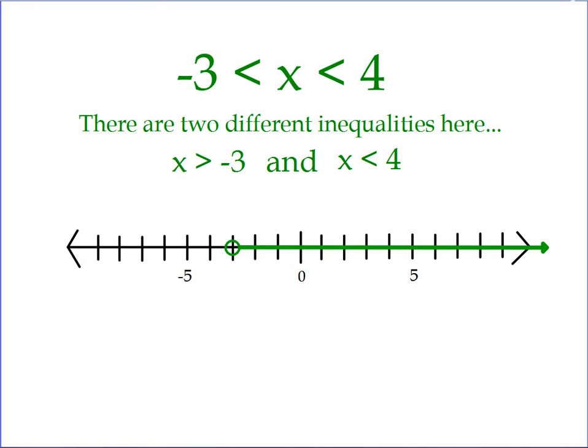So if I take what's on my number line already and eliminate all values that are greater than 4, I have my intersection. These are all the values that are both greater than negative 3 and less than positive 4 at the same time. And that's generally what an AND compound inequality will look like.